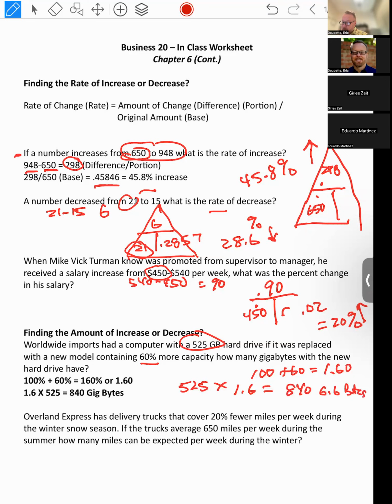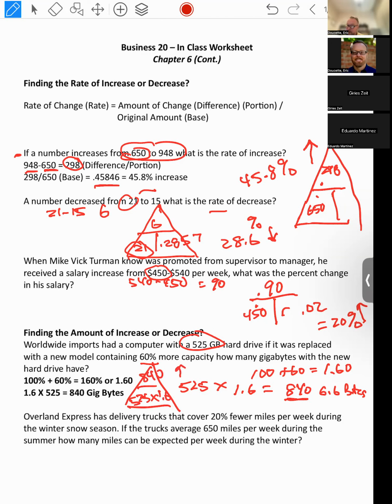Okay, but we're not done with the problem, right? Well, no, that's how much the new hard drive would have. And if you wanted to say the change, you would just go backwards and use the other. So basically what we were trying to find is the portion. You had 525 times 1.6 gave us the 840. So that's how much growth we saw happen.